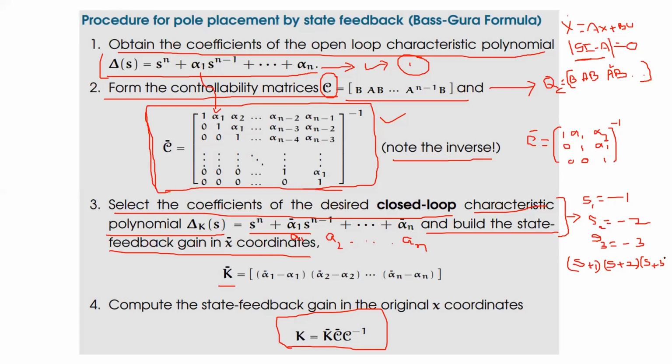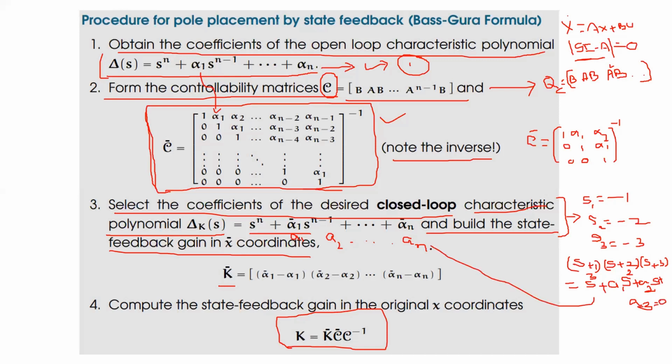Now, multiply the 3 factors. If I multiply the 3 factors, let us consider I get s cube plus some coefficient a1 into s square, plus the next coefficient a2 into s, plus the next coefficient a3, is equal to 0.